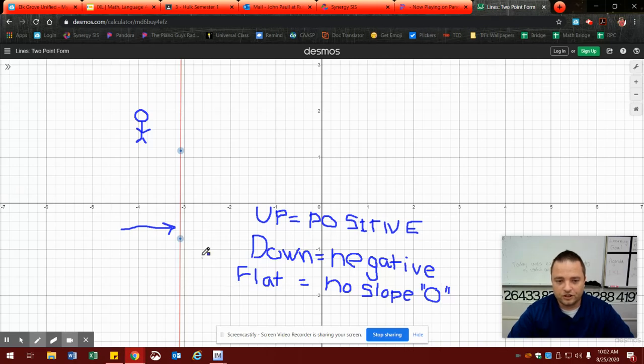Okay, so if it's like a wall, if it's straight vertical, right? They call this vertical. Vertical.